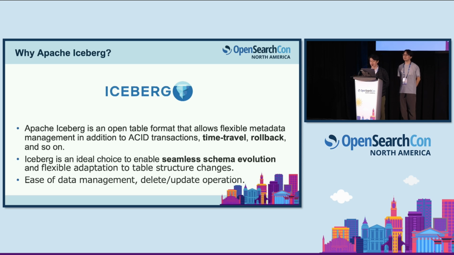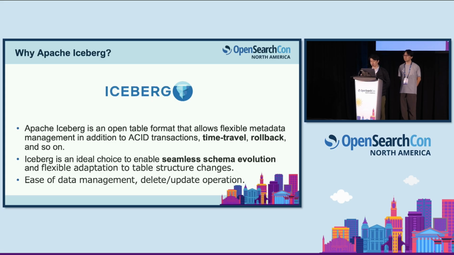Apache Iceberg is an open table format, and I think one of the most popular open table formats. It's a high performance format for big data analytics, and it allows features for flexible data management like ACID transactions, time travel, or rollback snapshots.